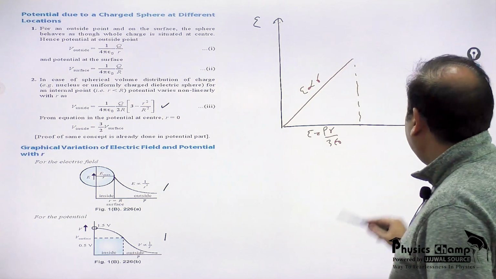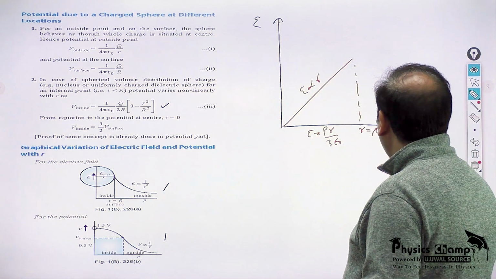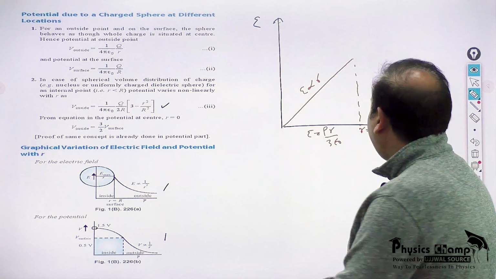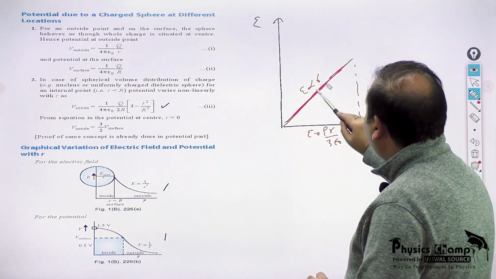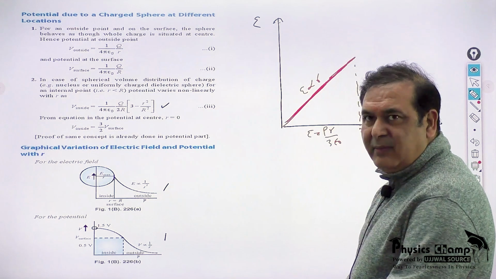So until the surface is reached, the electric field has a value directly proportional to R, unlike in a shell where the electric field was 0 inside.